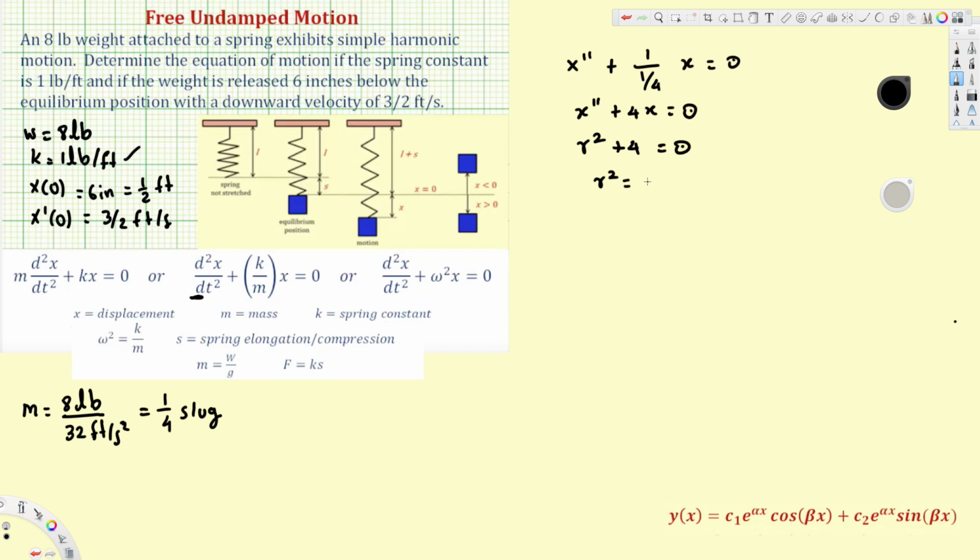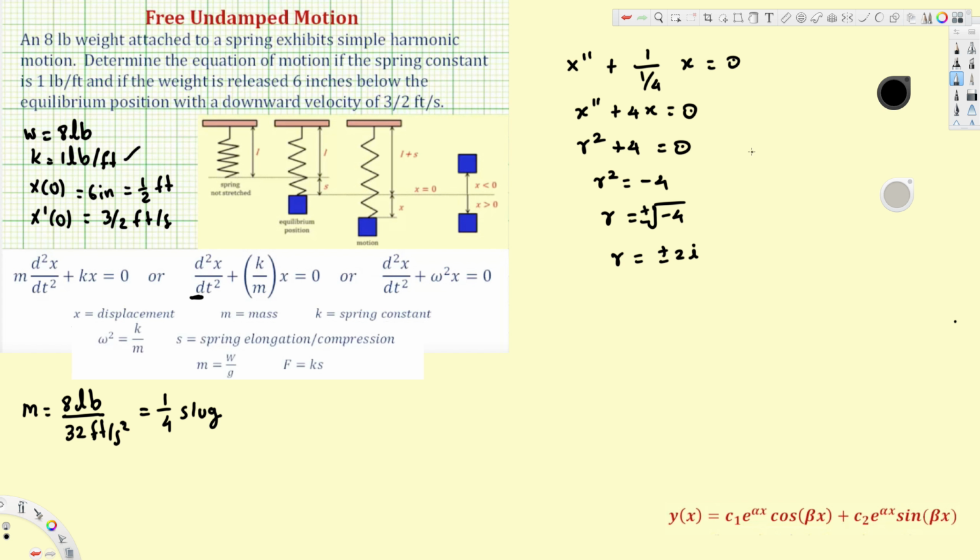Now let's solve this one. r squared is going to be equal to -4, therefore r is going to be equal to plus or minus the square root of -4. Since this is a complex number, we are going to have plus or minus 2i, because we replace -1 with i squared. So this is going to be 4i squared, so that's going to become 2i, right?